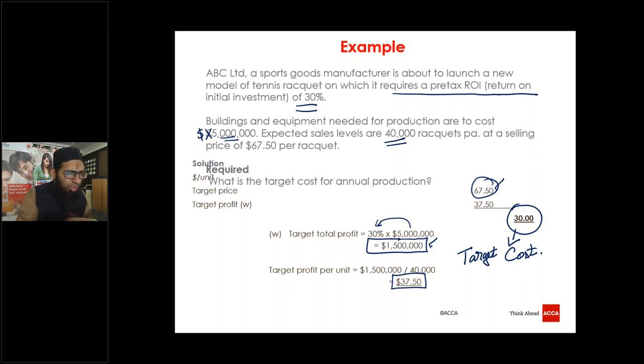Now, in the whole year, I'm producing 40,000 units. That means my profit per unit will be 37.5. So when I subtract the 37.5 profit from the price of 67.5, I will get the answer of $30, which is the target cost.